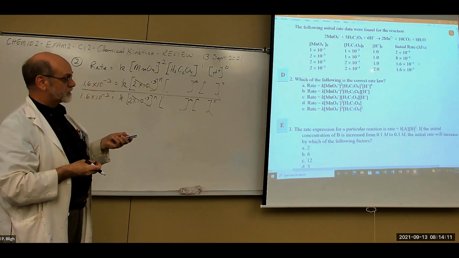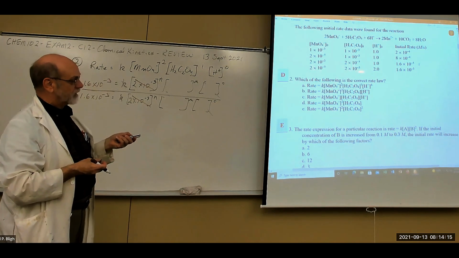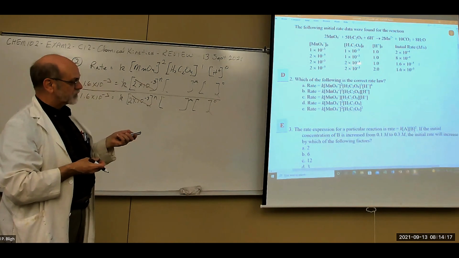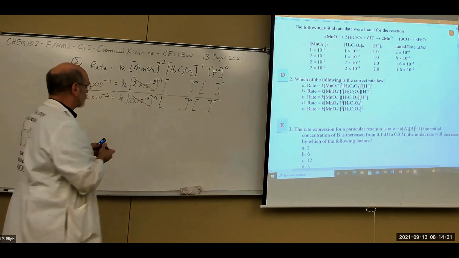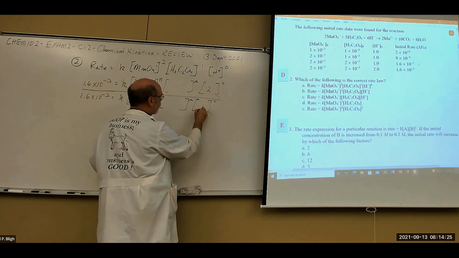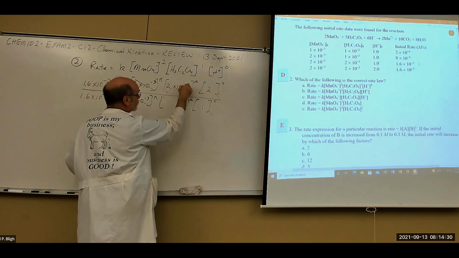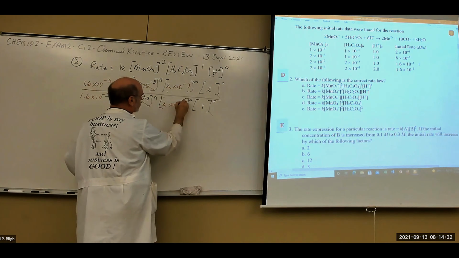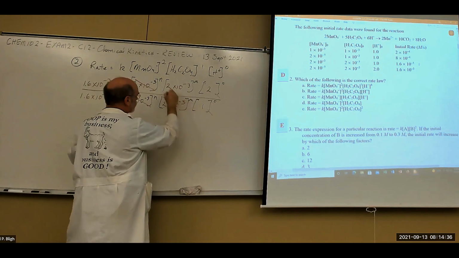And with that, we're going to stick to tradition. We're going to put this one first and this one second underneath. This is denominator, this is numerator. So this one will be 2. And this one will be 1. And this will be 2 times 10 to the minus 3 and 2 times 10 to the minus 3. There we go. Okay, so these cancel, those cancel.